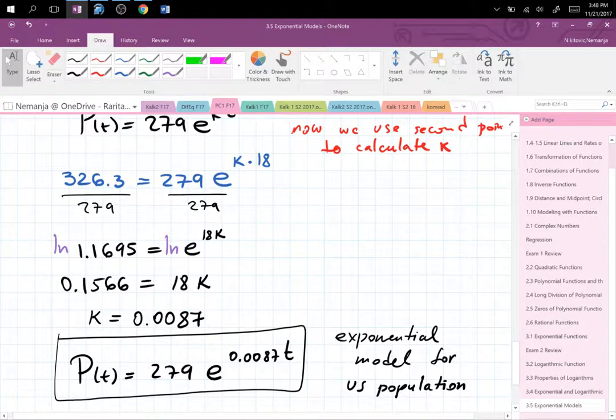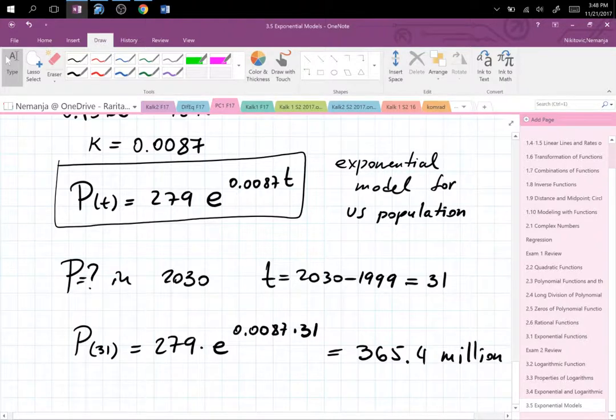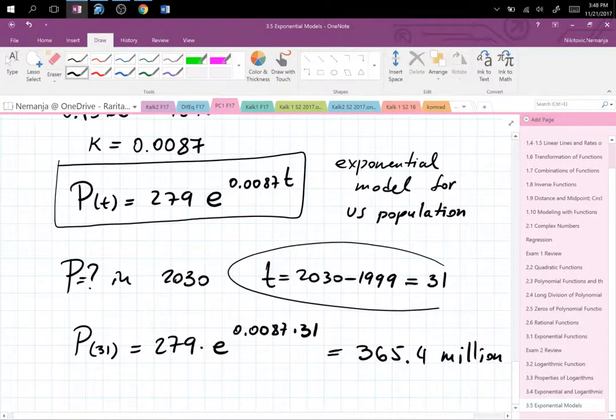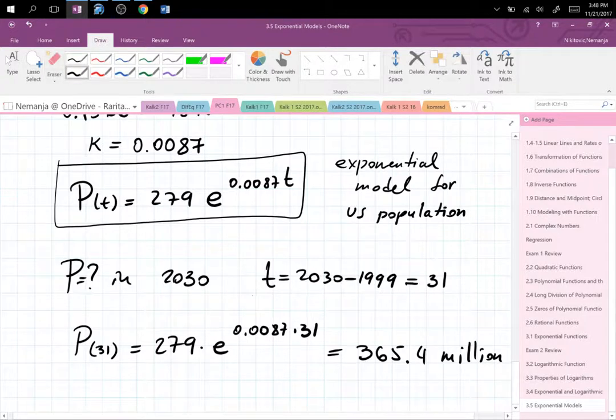Once you have this mathematical model, you can go anywhere in the future with it. So you can ask about 2019, 2020, 2050, whatever. You just need to make sure that you are scaling the numbers down to the values that we have to plug in.